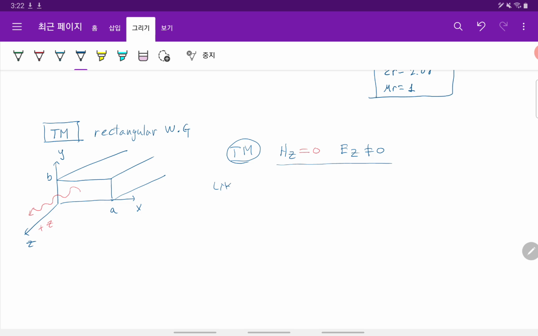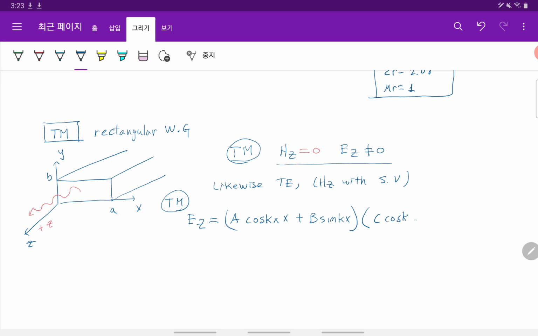So likewise, TE uses Hz with separation of variables. For the TM case, we just use the Ez field, but we will have the same form as Hz in the TE case.